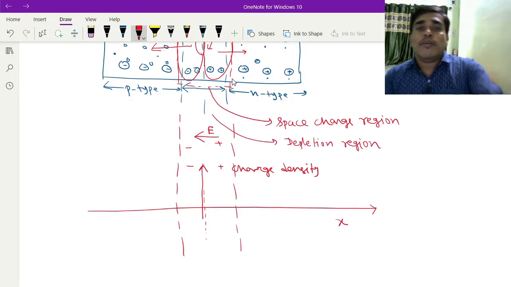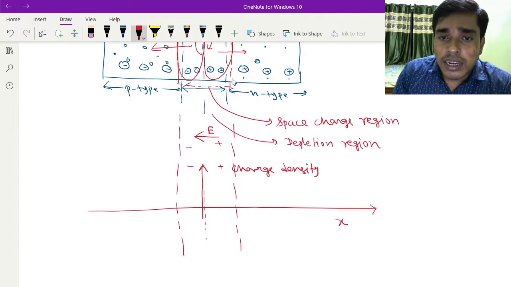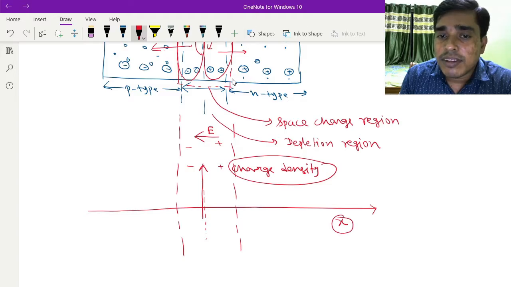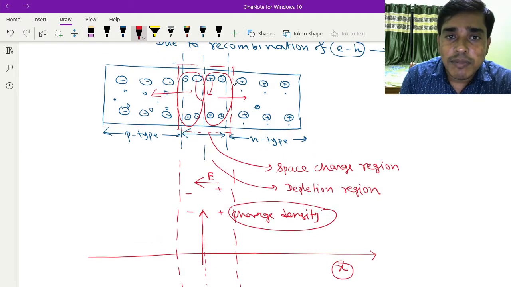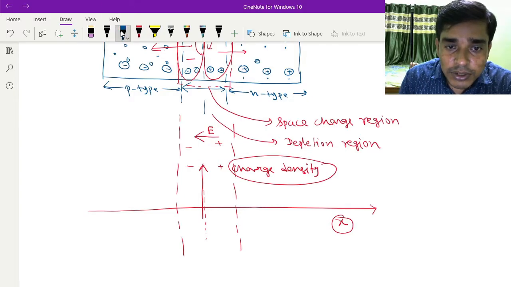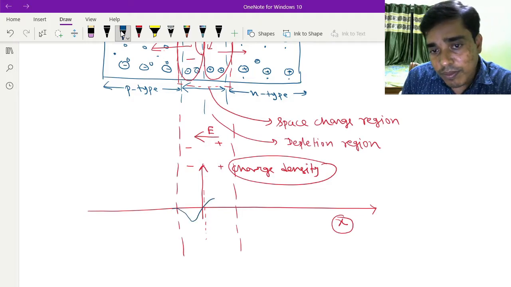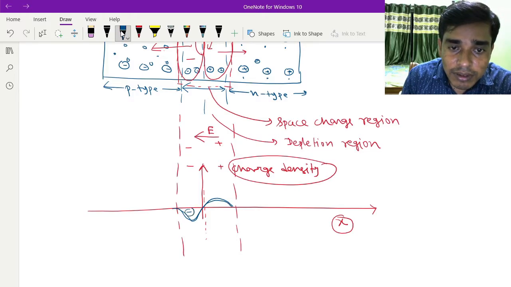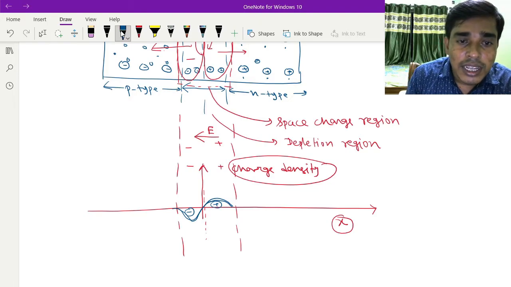If I draw a graph between charge density and distance from this junction, then this side is negatively charged and this side is positively charged. So the charge distribution will be, this is negative and this is positive.